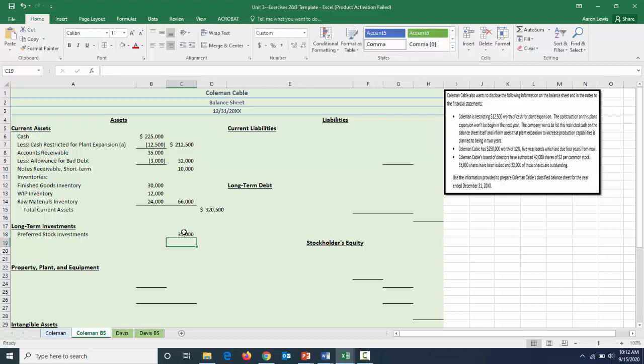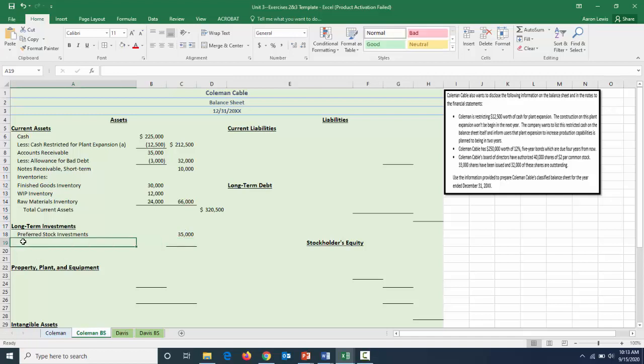And we actually have another long-term investment. What is it? We're investing in ourselves. We are restricting $12,500 worth of cash for plant expansion, but we're not going to start for the next year, so we're holding on to that money for the purpose of investing in ourselves in the future. So we took it out of cash above.